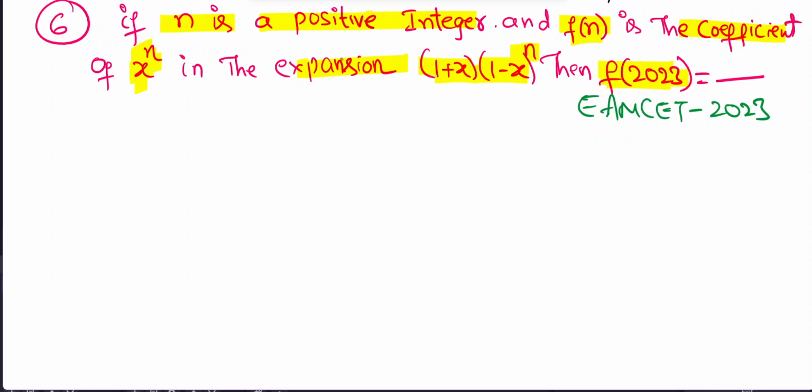So here, f of n is given as the coefficient of x power n. Now write the coefficient of x power n in this expansion.